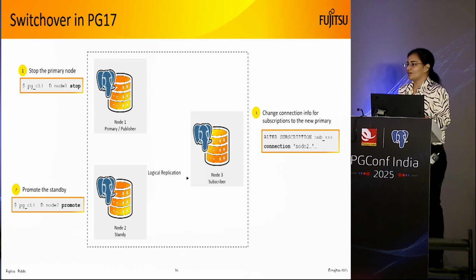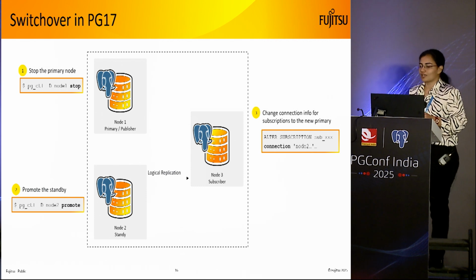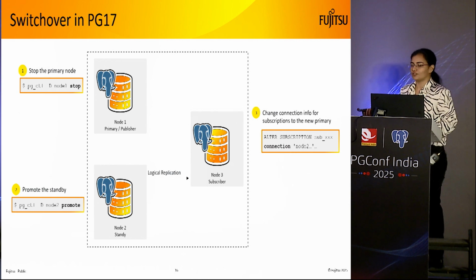Data is there. Even if there are big tables involved in subscription, we can resume logical replication from the point where it failed. So, this is how we save the time in PG17 using this feature.